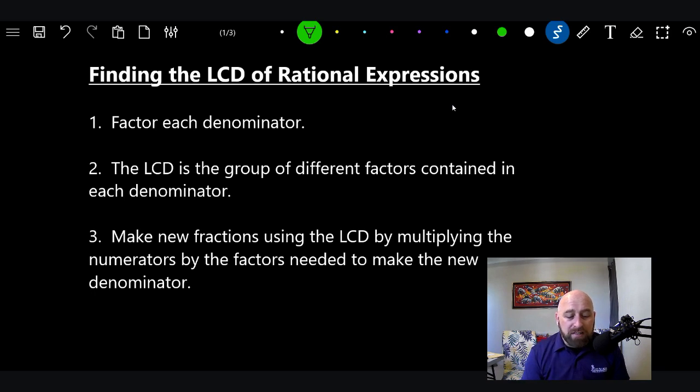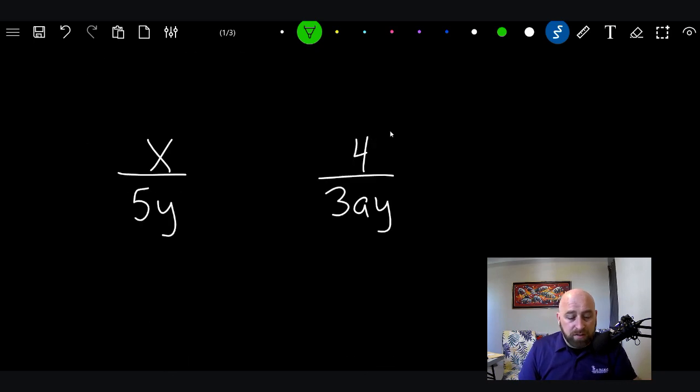Number three, make new fractions using the LCD by multiplying the numerators by the factors needed to make the new denominator, the least common denominator. All right, lots of stuff going on there, some complicated steps, but let's try to uncomplicate this. Let's work through some and see how this all turns out.